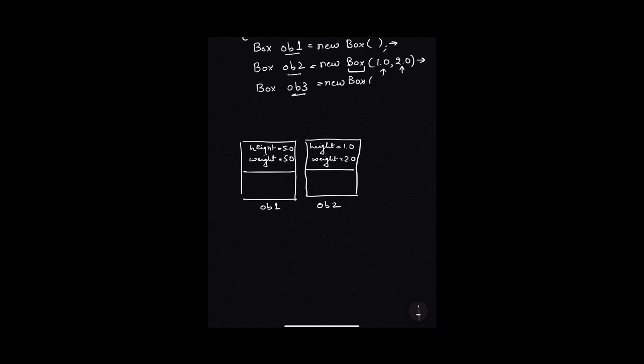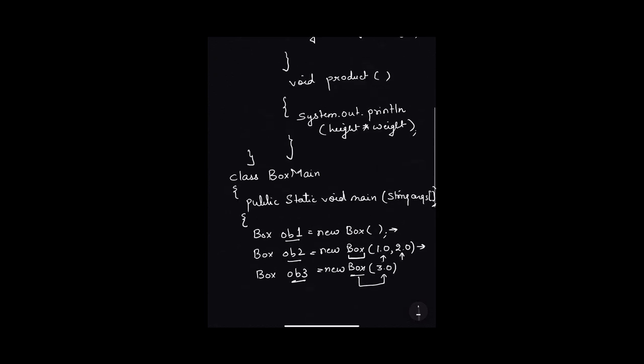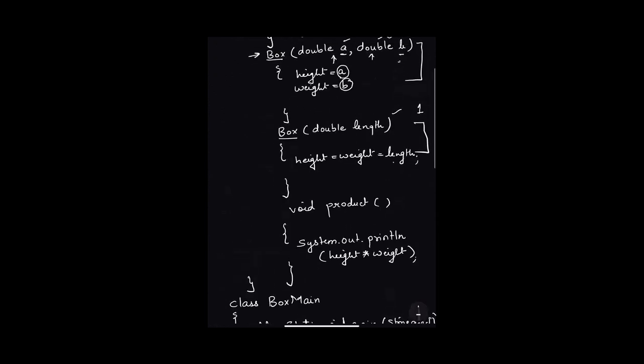Similarly, in object 3, if I write just one value like 3.0, then my object finds a constructor which has one argument, and it should be of double data type. Let us again check, do we have such a constructor? See, in this constructor, I have one argument and it is of double data type.